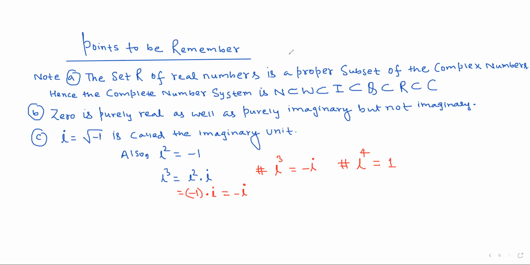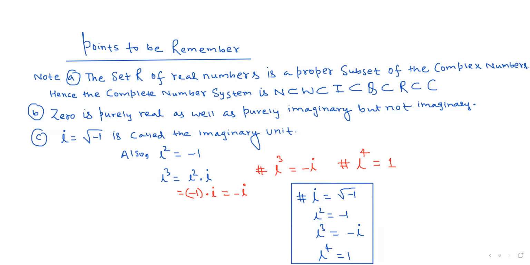So systematically: iota is equal to under root of -1, iota square is -1, iota cube is minus iota, and iota to the power 4 is simply 1. This is clear now.